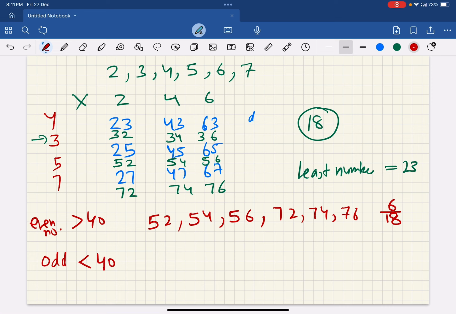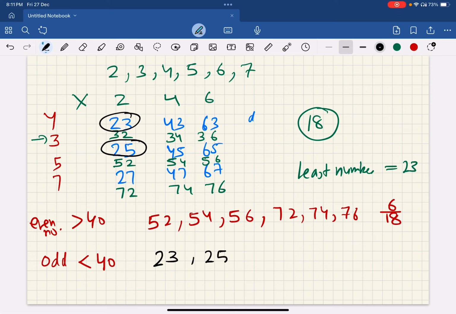So now let us again have a look. Let us take black color. So the odd numbers which are less than 40. You can see there is 23. Let us write that down. What else is odd and less than 40? Can you see there is 25.